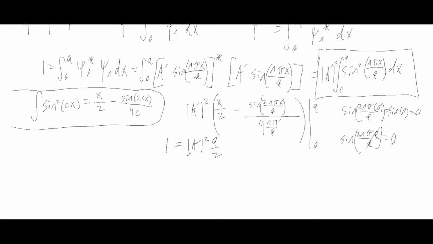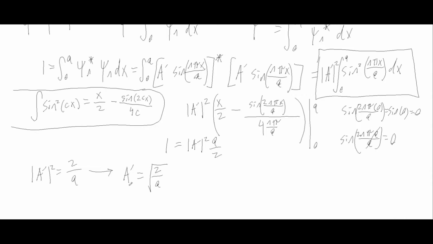We can just multiply both sides by 2, divide both sides by lowercase a, and so we have a prime squared is equal to 2 over a. Then if we take the square root of that, we have a prime equals the square root of 2 over a.